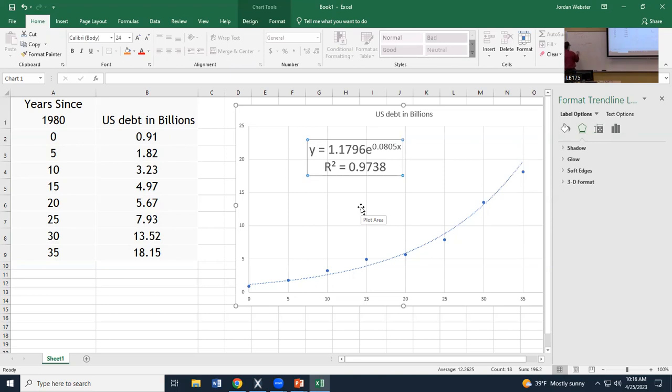And it gave me an R squared of 0.9738. Notice 0.97, that's pretty close to 1, right?